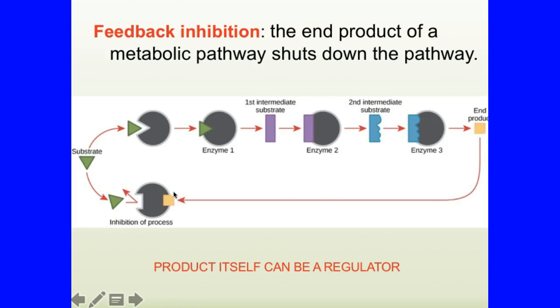It's going to attach to the allosteric site of this enzyme, and that changes the shape of this enzyme. Once the enzyme shape was like this, and it was very good to connect and react with this substrate, but now the end product came back and changed its conformational shape so the substrate is no longer able to attach to this enzyme. That is what's known as feedback inhibition. It's when a product itself can be a regulator.